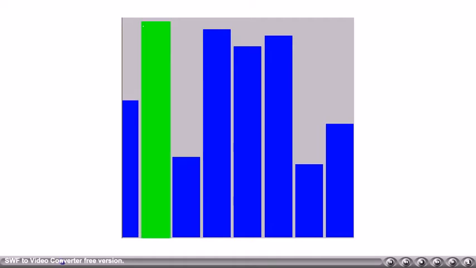We take the second bar. Remember, i is equal to 1. That is the index of the second bar that we are taking. And we have to compare with the previous bars and place this one at its appropriate place.